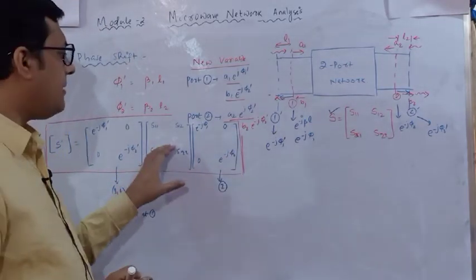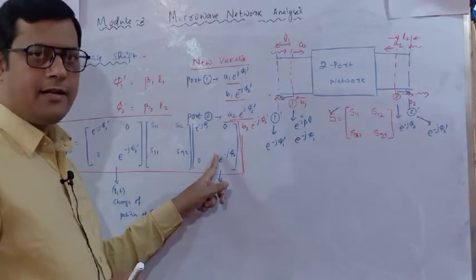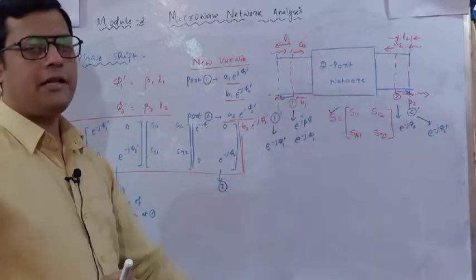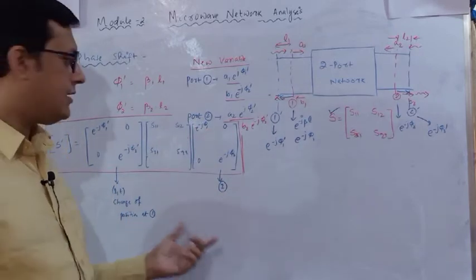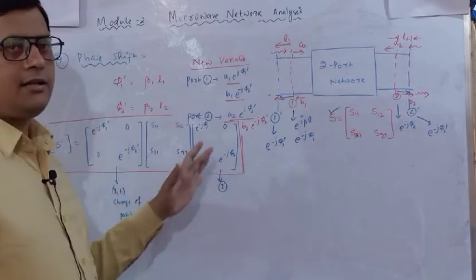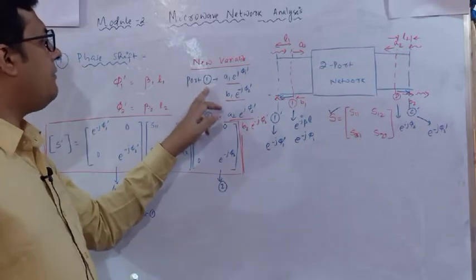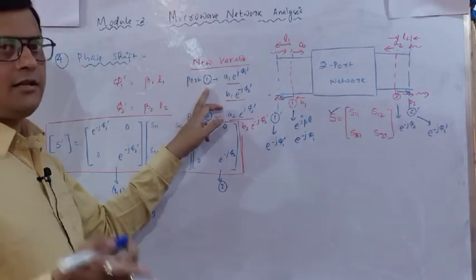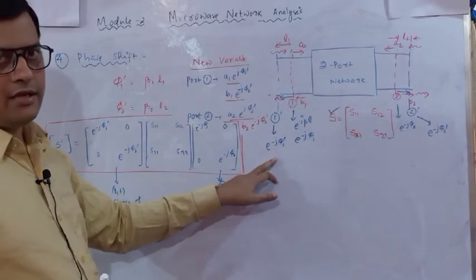So your scattering parameter is going to multiply with another matrix in order to identify the variations in port 1 as well as in port 2. If there are two variations, you have to multiply these two matrices. We will solve a few numericals, then you can understand. But for the time being, you need to understand that if at port 1 there is a change with the length L1, then we will get e to the power minus j phi 1.